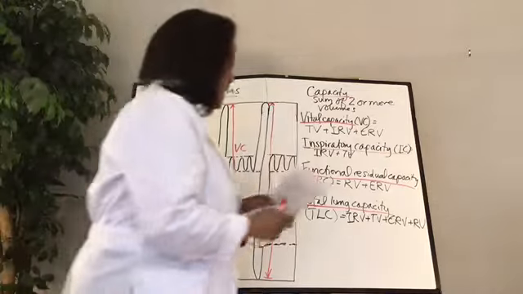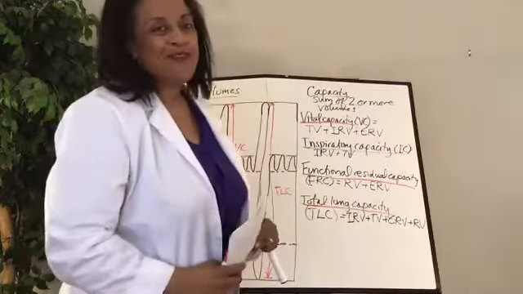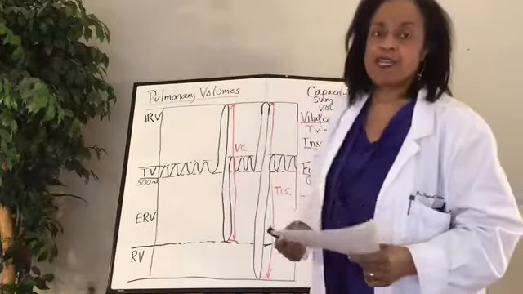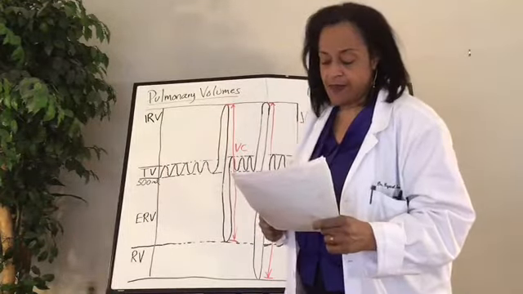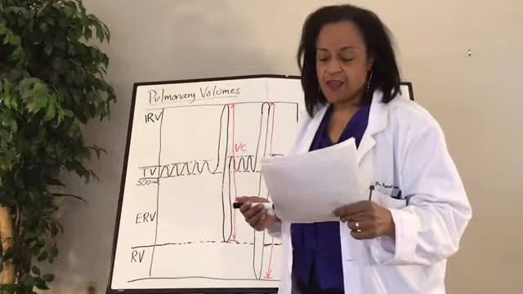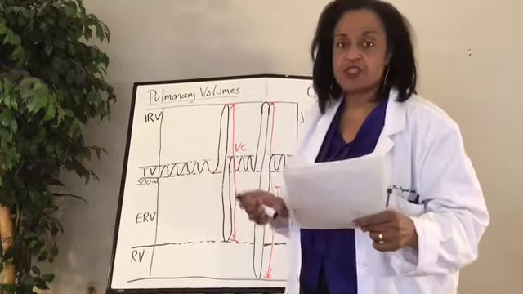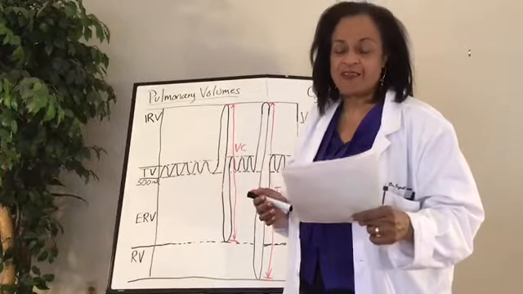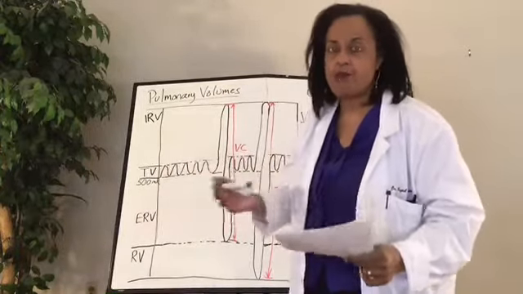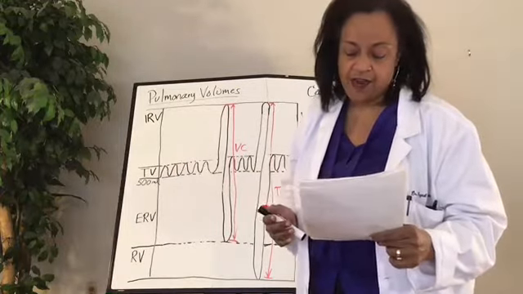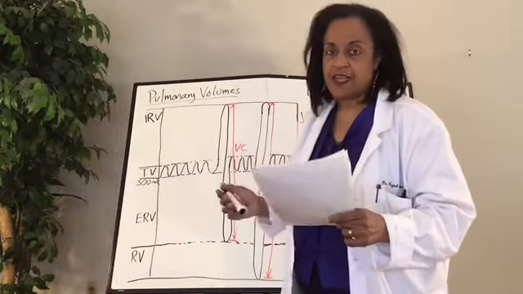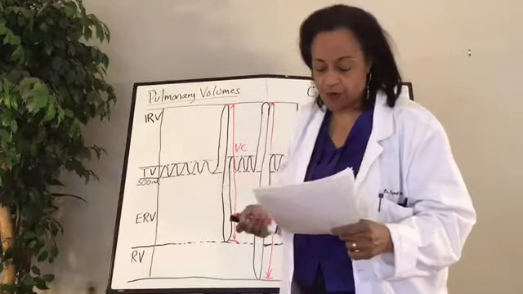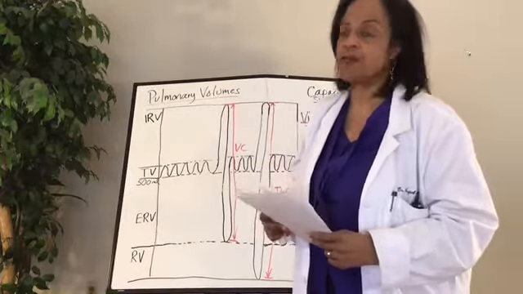That's pretty much it for the volumes and capacities. I did want to remind you of something that we learned about when we did the heart: the sensors that provide feedback information to the medullary rhythmicity area, the rhythm of how we breathe, are the peripheral and central chemoreceptors.